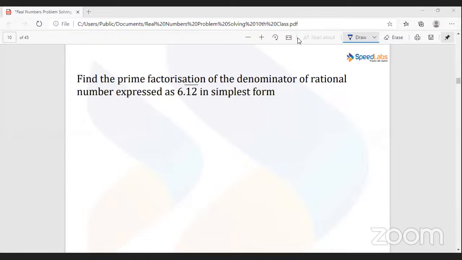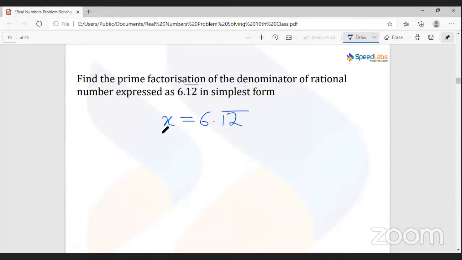First, we have to convert this decimal form into a fraction. So what I'll do first is assume that x is equal to 6.12 bar.